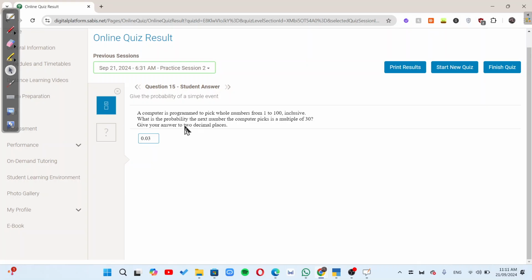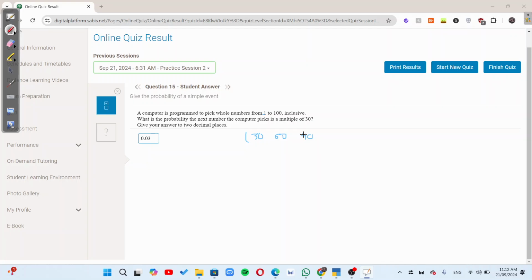Okay, so now here you have a simple probability question. This is IGCSE math. You pick a whole number from 1 to 100. What's the probability that you pick a multiple of 30? Your multiples of 30 are 0, but since this is from 1, you don't count 0. So 30, 60, which is 1 times 30, 2 times 30, 3 times 30 is 90.